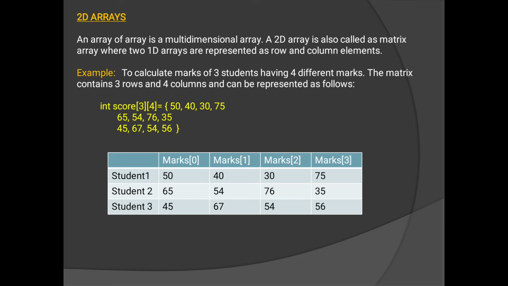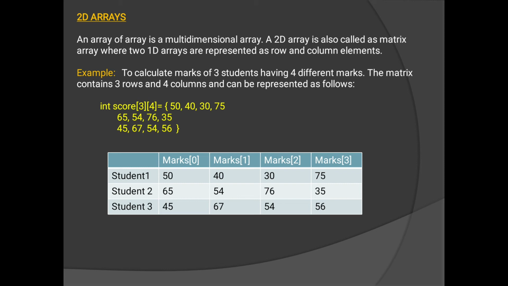So now we have to enter this data in the matrix. If you can see the table structure, in the first column, that is the first index, which is in rows and column format, it will be marks[0][0]. In the second column it is marks 1, which is marks[0][1], and then next is marks[0][2], then marks[0][3].